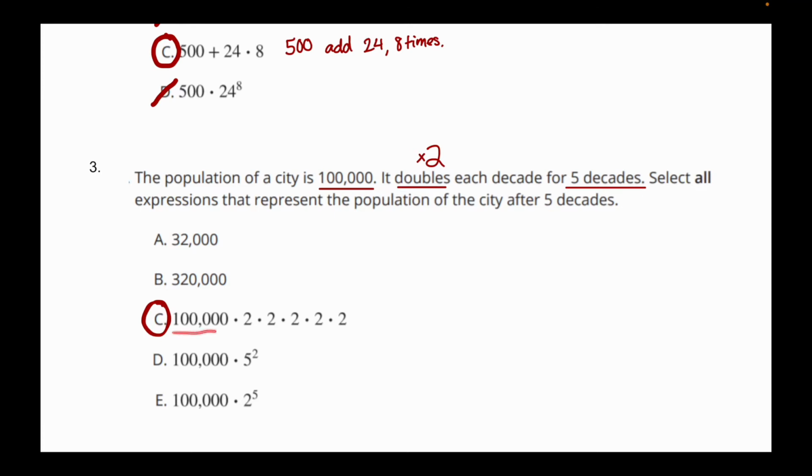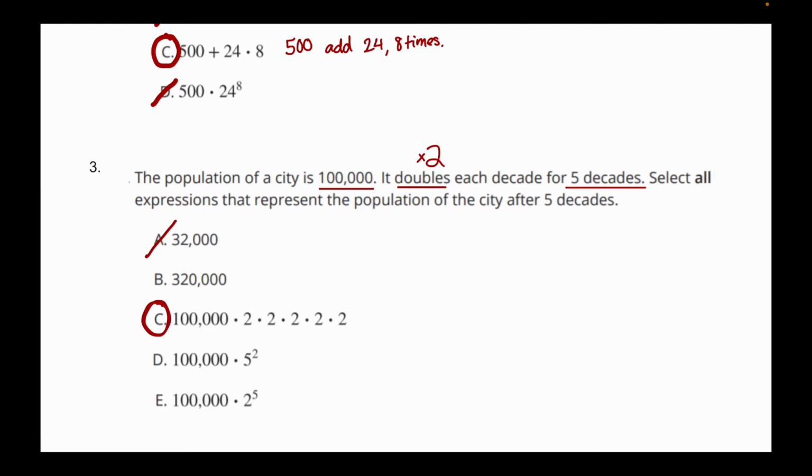This takes my 100,000 and says it's going to double. That's 1 decade, then 2 decades, 3 decades, 4 decades, and 5 decades. So it is going to double those 5 different times. Now, it's not shrinking, so I'm not going to have 32,000. That wouldn't make sense because that would mean my population is shrinking.